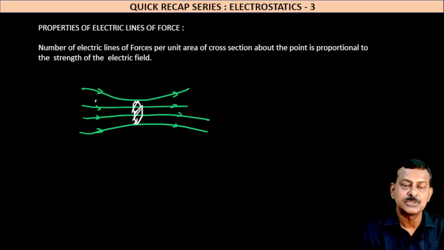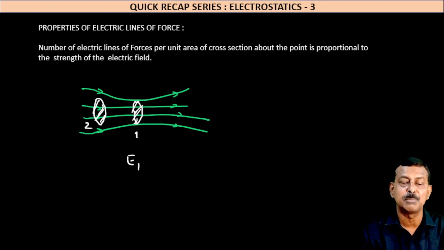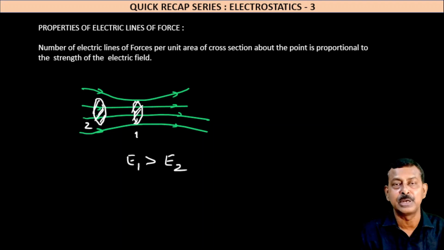Here, if I consider the same area of cross-section at the second point, this is suppose your point 1 and this is your point 2. So electric field, if I consider in this particular case, as the number of lines of forces per unit area of cross section about point 1 is more here as compared to the second one. So electric field at 1 will be more than electric field at point 2.